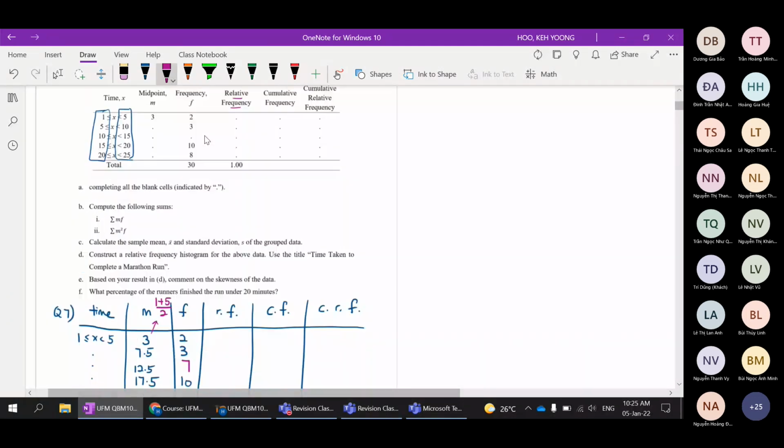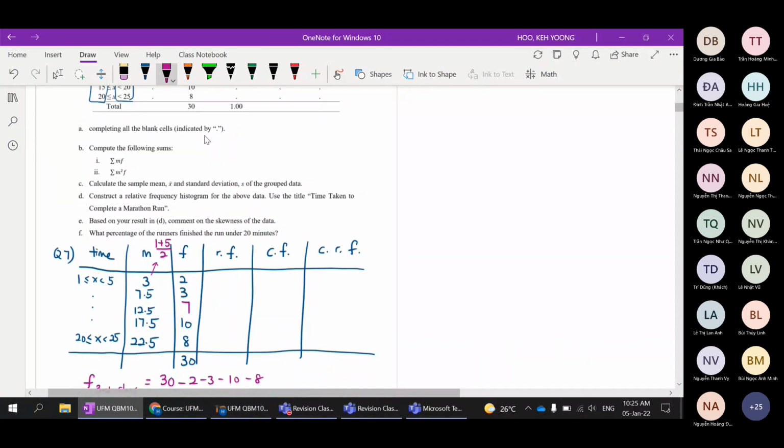So how to get the relative frequency? We have done this yesterday as well. To get the relative frequency, you take the frequency of the class divided by the total frequency.